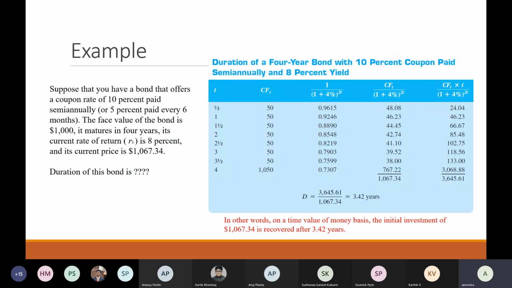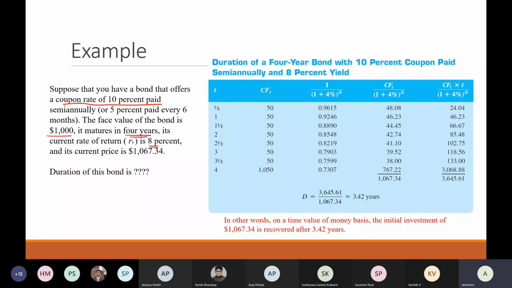Now let's take this example, and then you will be able to understand how we can calculate duration. Suppose you have a bond with a coupon rate of 10%, paid semi-annually, face value 1000, maturity period 4 years, and your required rate of return is 8%.